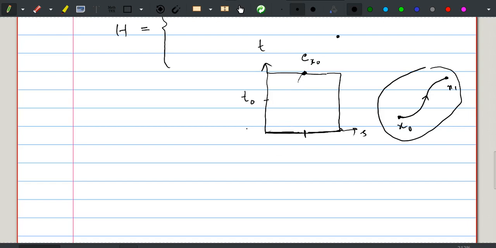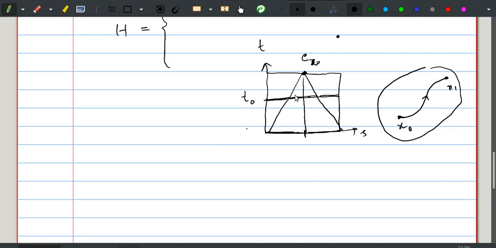What it actually does is, in this time it stays at x0, then in this region it travels a little of f, then in this time it again travels f inverse, and in the rest of the time it stays again at x0.